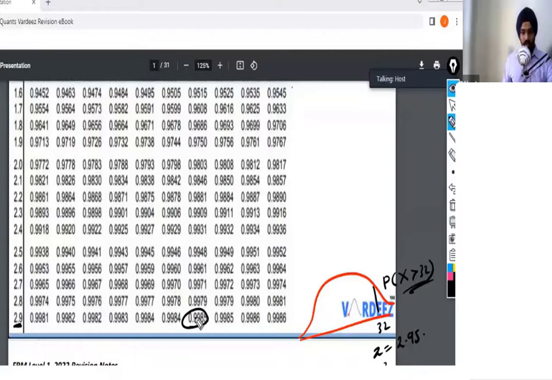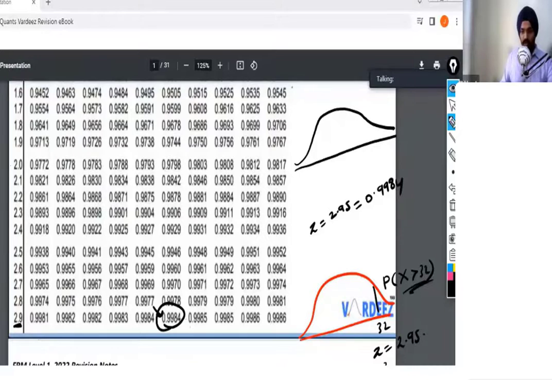So this one is 0.9984. Looking at the table for the Z value of 2.95, this is 2.9, and from this line, it's 0.9984.